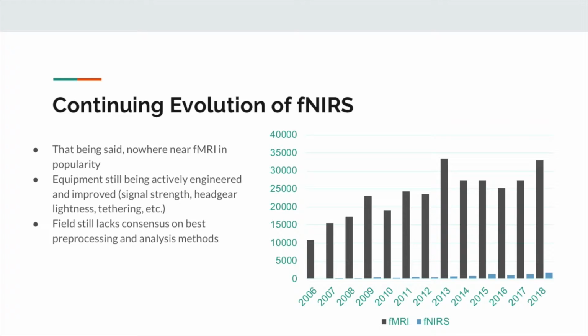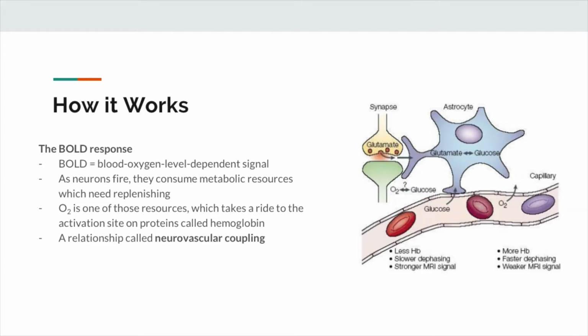Now let's move into how fNIRS works. Briefly, I won't go into too much of the neurophysics itself because we can spend a whole class on it, like Monty does in the fall here at UCLA. But really briefly, just so you get a sense of it, the BOLD response stands for the blood oxygen level dependent signal.